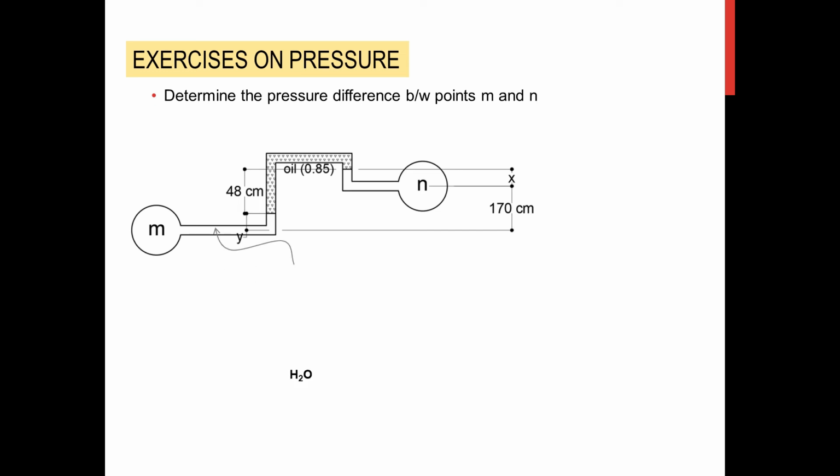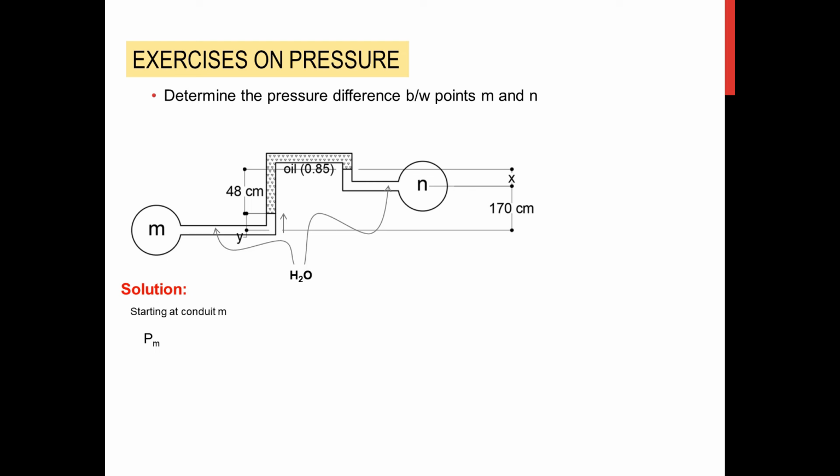It measures the difference between two elevations. So in here we have the involved liquid is water for both M and N sides, and otherwise filled with oil with S of 0.85. So as a solution, we start writing our equation at conduit M, that is PM.